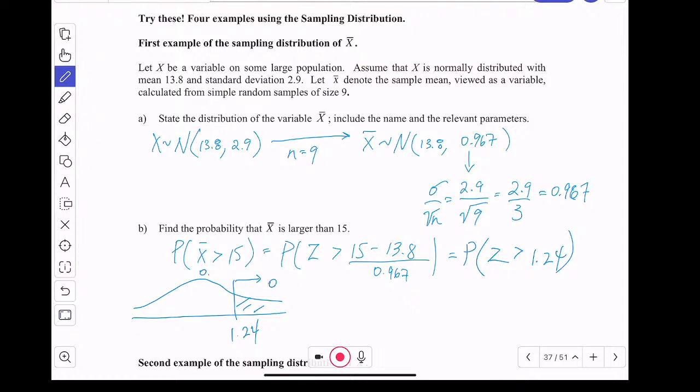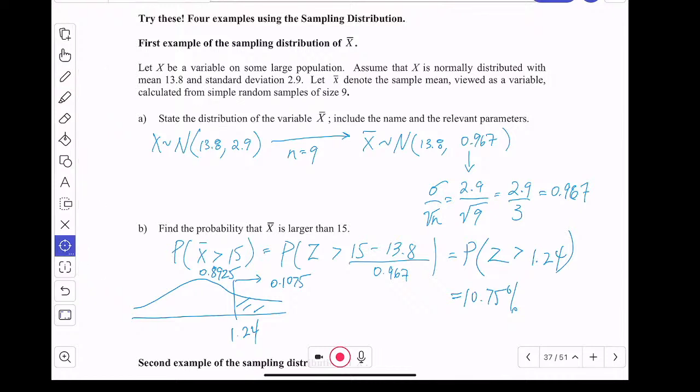So 0.8925 on the left means 10.75% on the right side. So the answer is 10.75% chance that X bar is larger than 15.